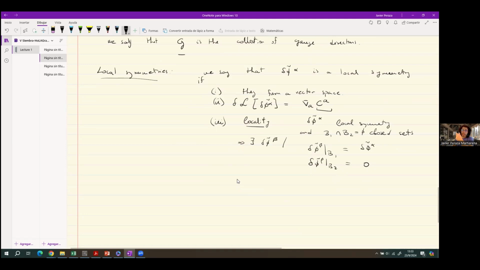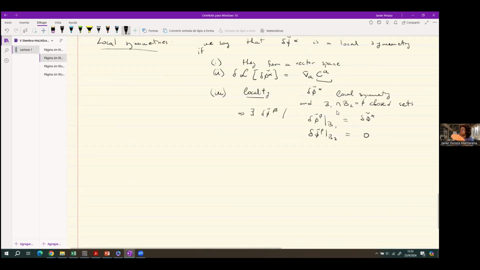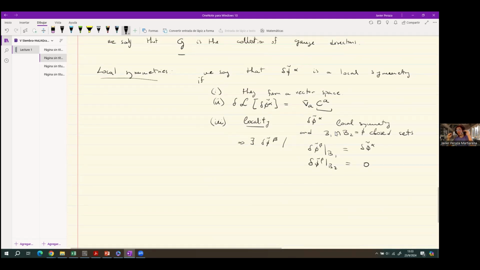And this is locality, and this is important in all that follows, because we can do this as long as we are not reaching infinity. This hypersurface contains the fall-off of the fields, so let us push it to infinity. As long as we can select two closed sets that do not intersect, we can take the locality assumption to be true.